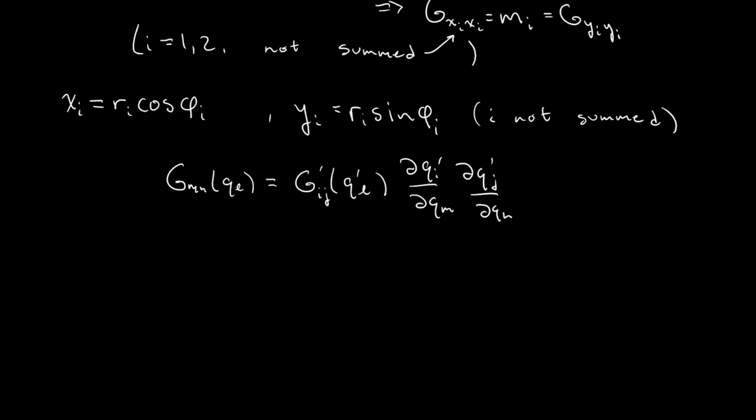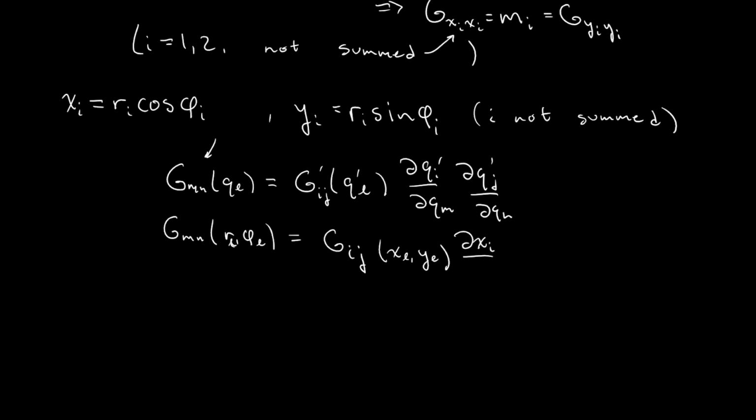Actually, I want to find the elements of G, so G prime of r_l, phi_l is going to be given in terms of Cartesian coordinates as G_ij of x_l, y_l. And then I just apply this rule.